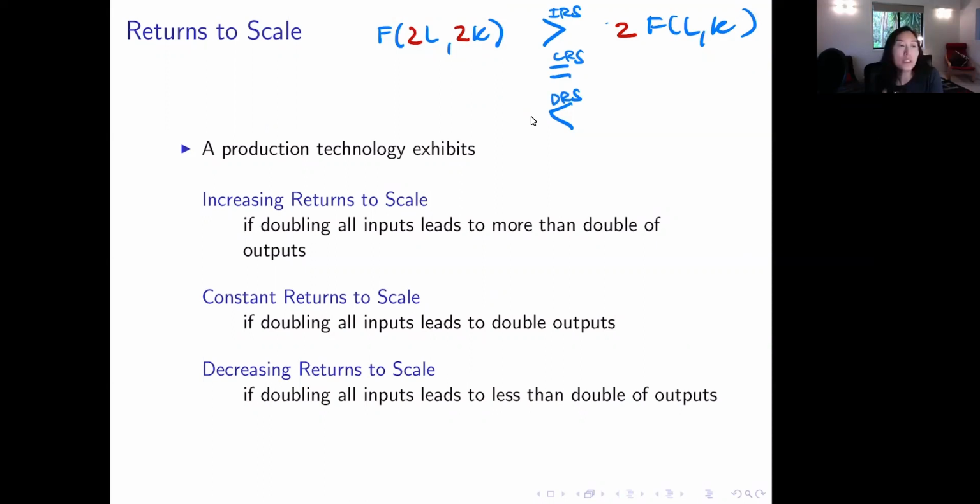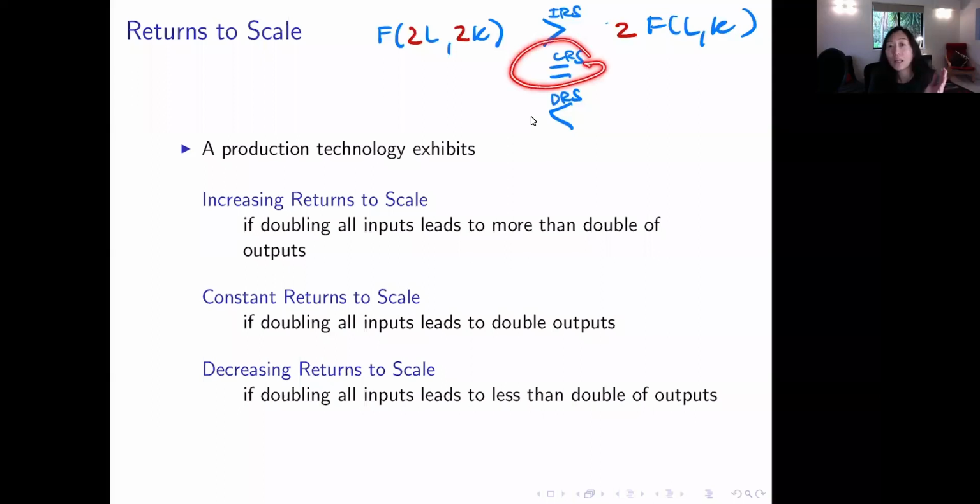Intuitively, you can think about it this way. If I am a firm and I want to produce more output, obviously I have to increase the input. Let's say I increase both K and L in the same proportion, like I double my inputs. Does my output come out double? It could be double.